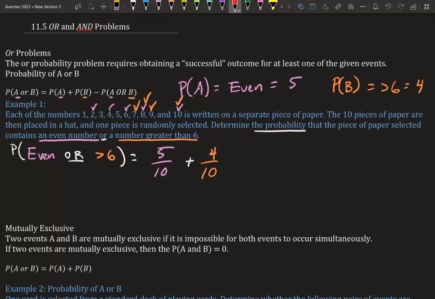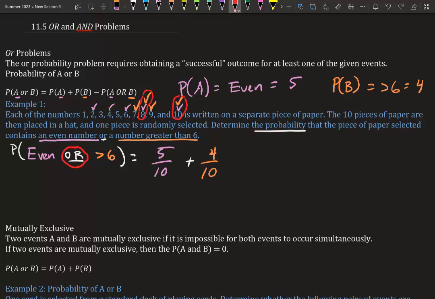However, this is asking for or. If I look at the numbers that have double check marks, like this one and this one, that's not or. 8 is even and greater than 6. 10 is even and greater than 6. It's not looking for and, it's looking for or.